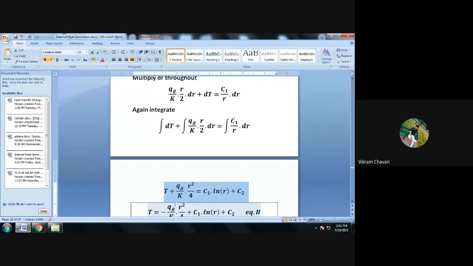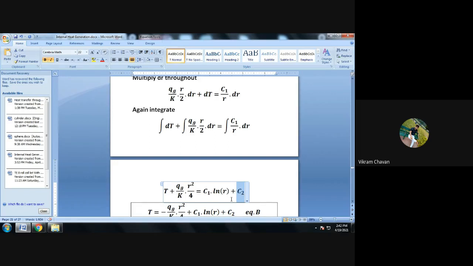So the equation we get after the second integration is t plus qg divided by k multiplied by r square divided by 4 is equal to c1 multiplied by ln of r, and one integration constant we have to add for the second integration, that is plus c2.